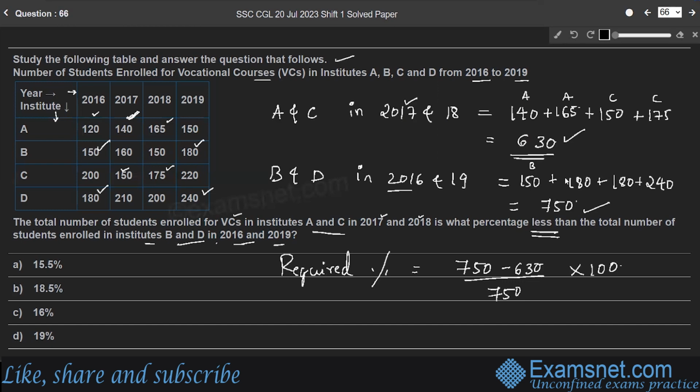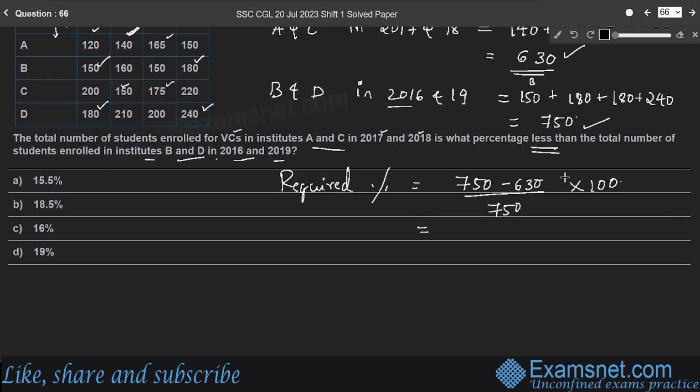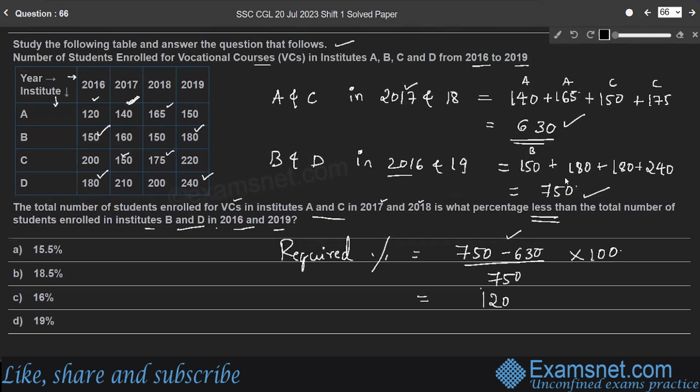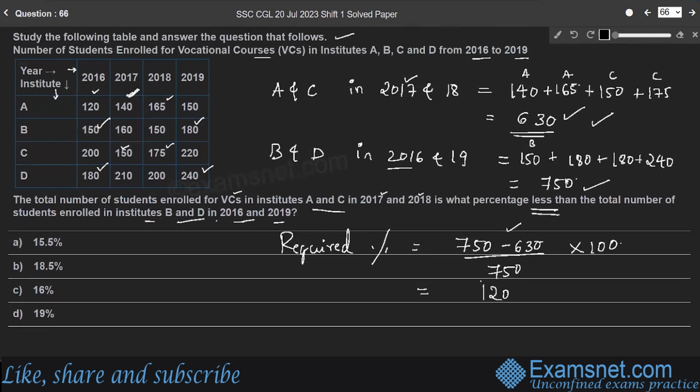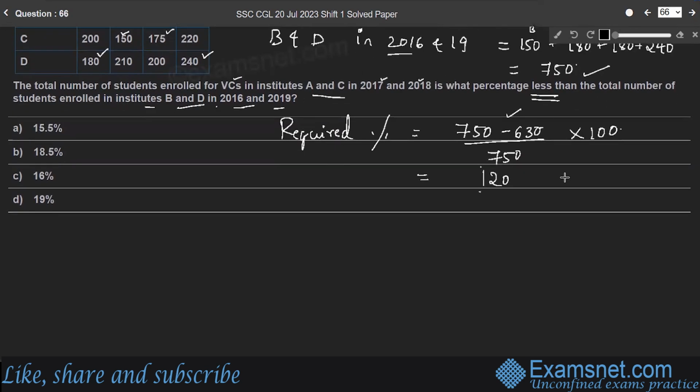Here 750 minus 630 is 120, so 120 students are enrolled less in number in A and C institutes. So this number is what percentage less than the number of students enrolled in Institute B and D in the 2 years, 16 and 19, which is 750.